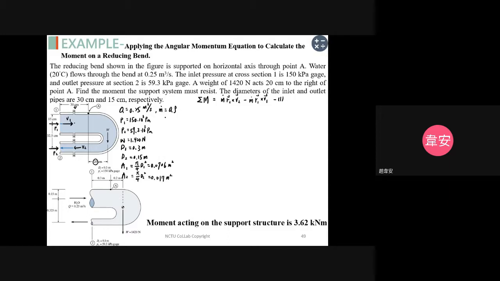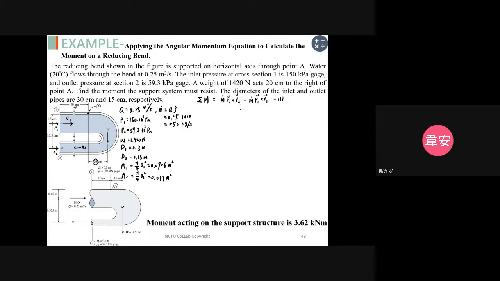So this is actually equal to 0.25, and we assume the density is 1000. So we have 250 kilograms per second.